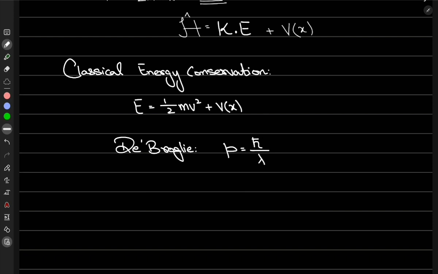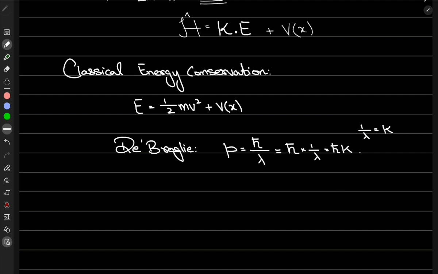I can further write this down as h bar and 1 over wavelength. But we know that the inverse of the wavelength is defined as the wave vector, right? And it is written as k. So I can write this thing as h bar times the wave vector, k.